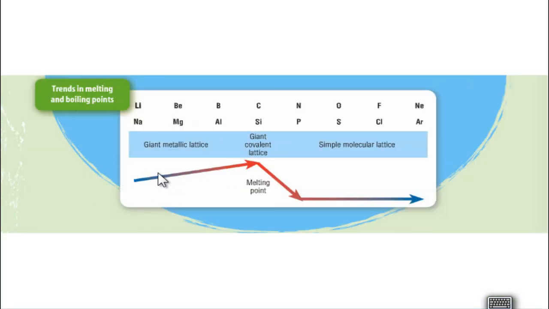The second you hit giant covalent, that's at the very, very high melting point, and as you gradually get to the diatomic gaseous simple molecular structures like phosphorus, sulfur, chlorine and argon, then you have relatively lower boiling points than the giant metallic lattices and elements like carbon and silicon.